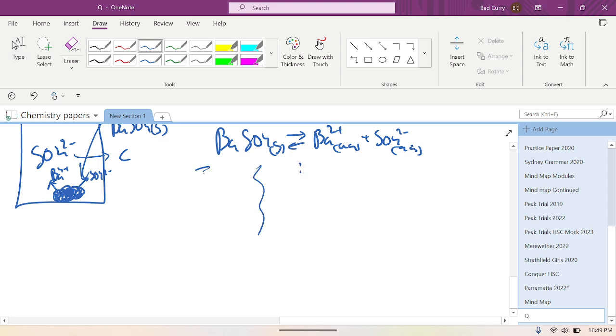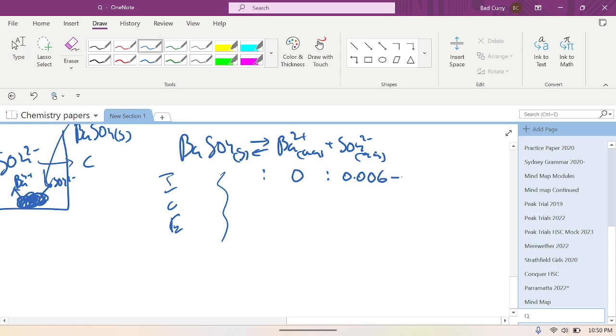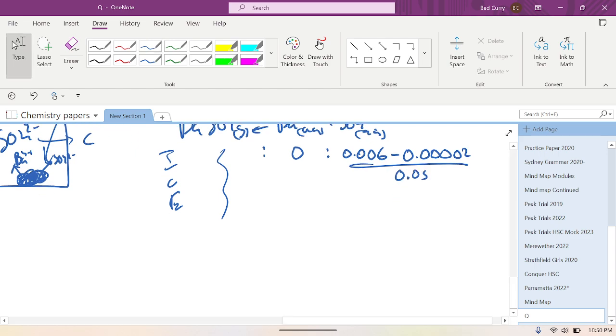So you have zero of this because it's limiting, and for sulfate right here, you can get its amount by doing its number of moles minus the moles used up reacting barium into a solid, on that concentration.